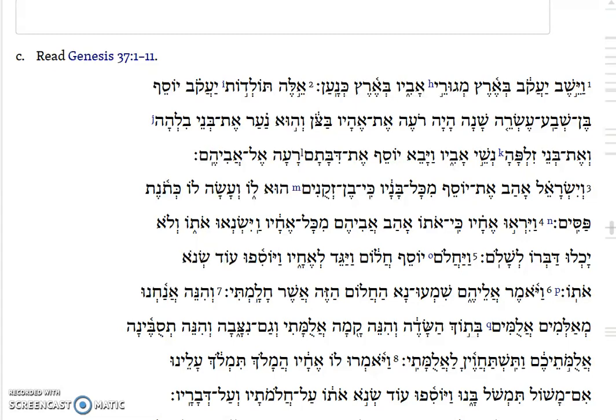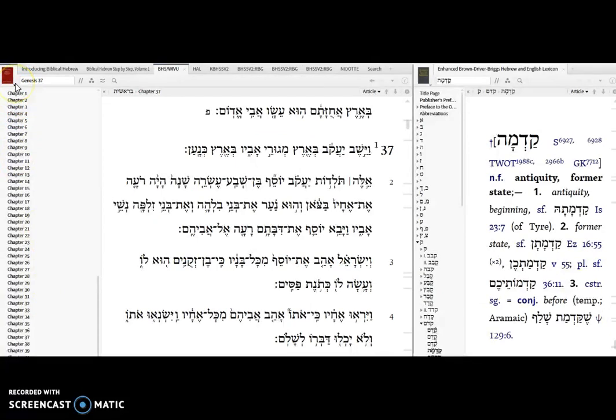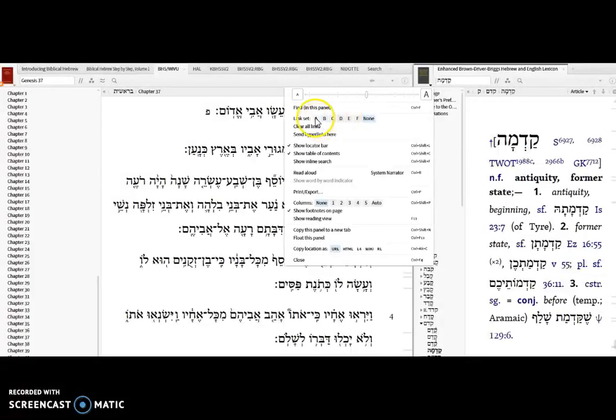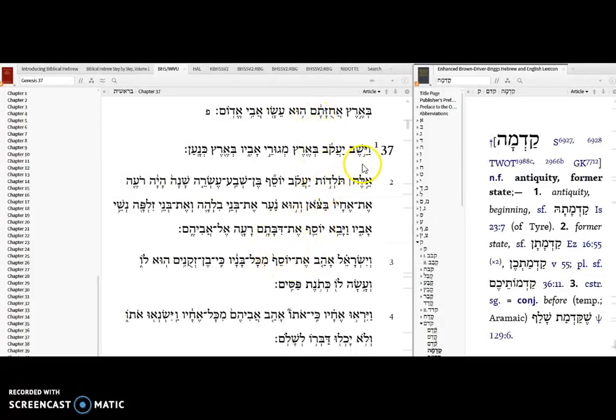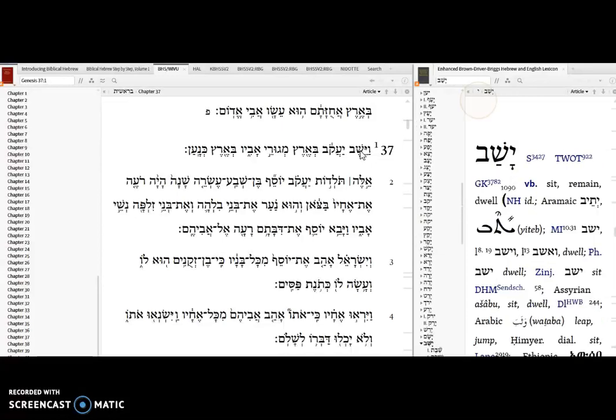You go to the dictionary by just clicking on the word. So what you can do is take your Hebrew text and set it to set A, and take Brown Driver Briggs and set it to set A. Then if you get a word you don't know, let's say you don't recognize Yeshev, you can click on that and it'll take you to the entry that tells you that the root is Yeshav, and then you can read through the entry to find that this is the Vav consecutive form for Yeshav.